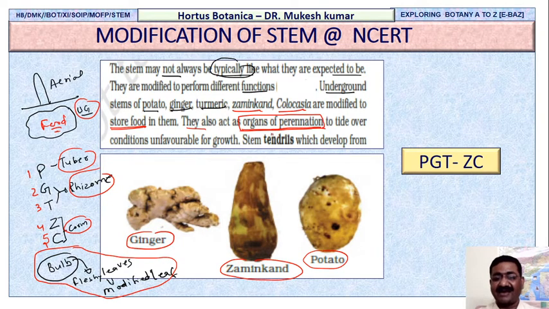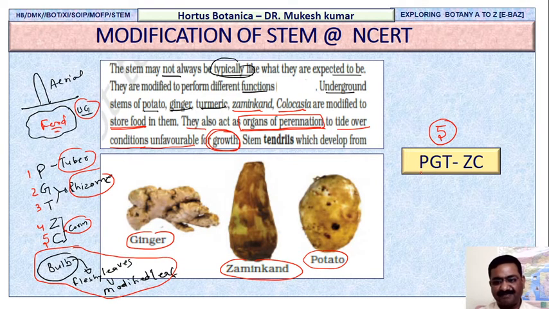In spite of that, that organ survives the unfavorable condition for its growth. So how does it grow? It grows by absorption of food through its swelling structure, as well as forming new plants under vegetative propagation, right?